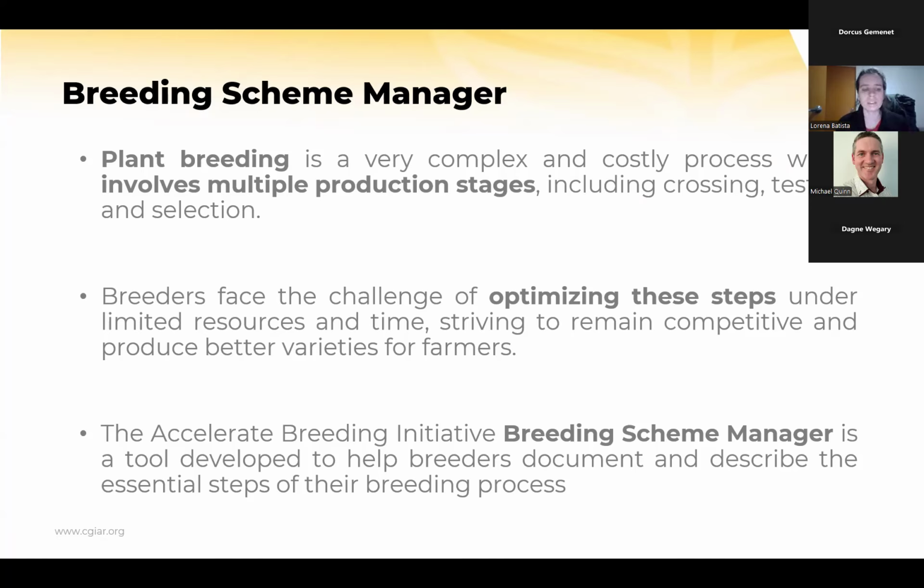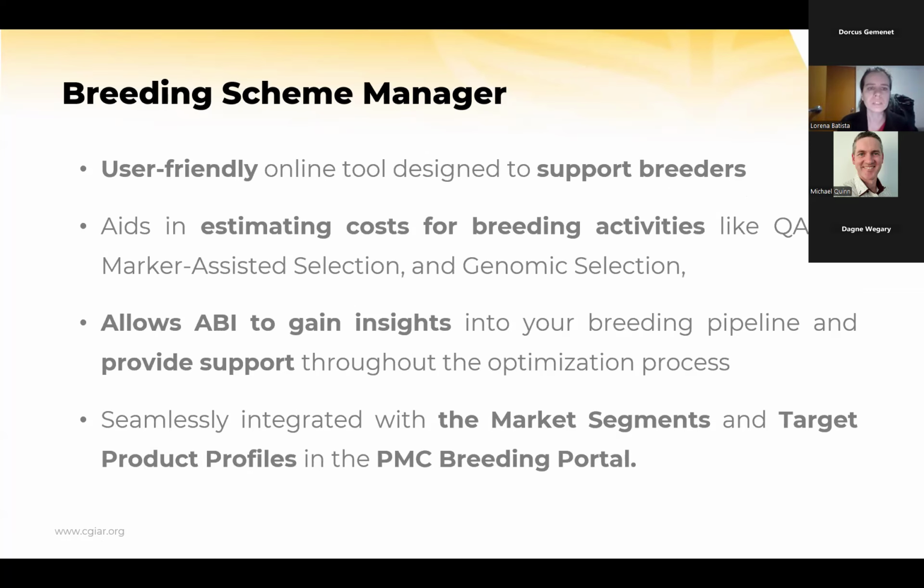The goal of the breeding scheme manager is to help breeders document these steps of a breeding program and try to describe the essential ones, so later optimization can take place, because it's easier when you have a full figure of what your breeding program looks like. We intended the breeding scheme manager as a user-friendly online tool.